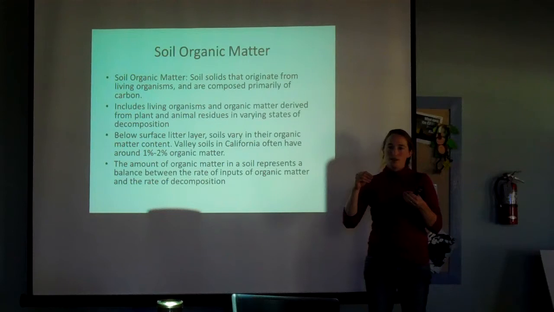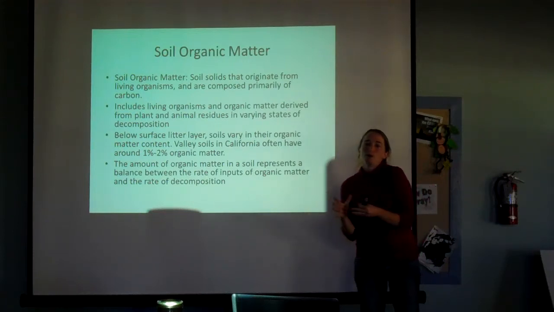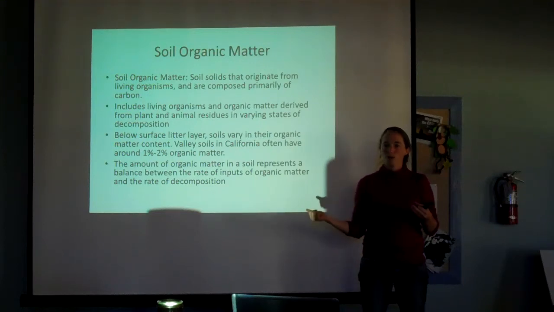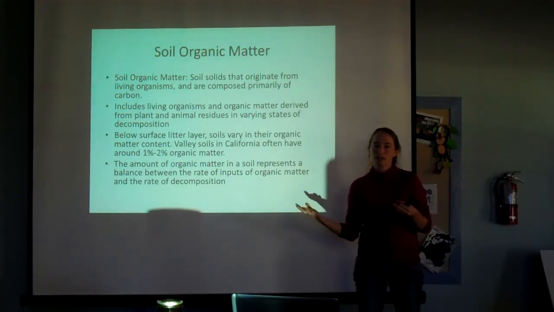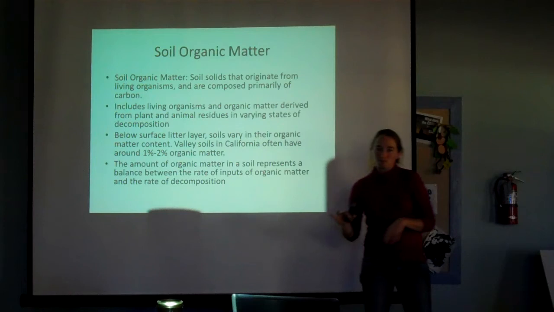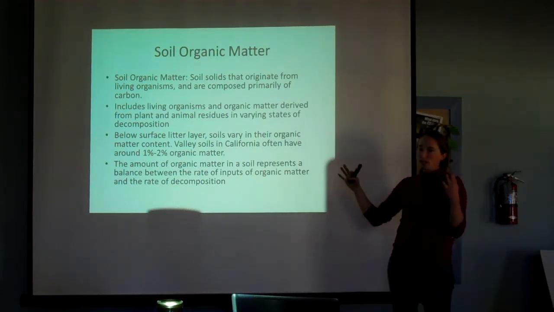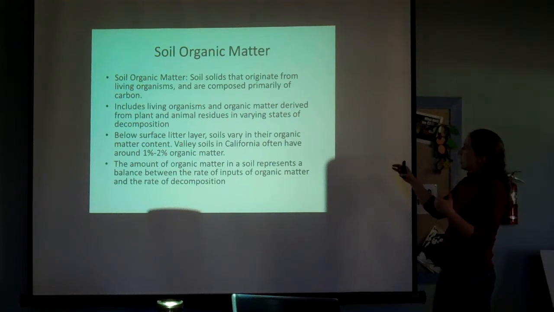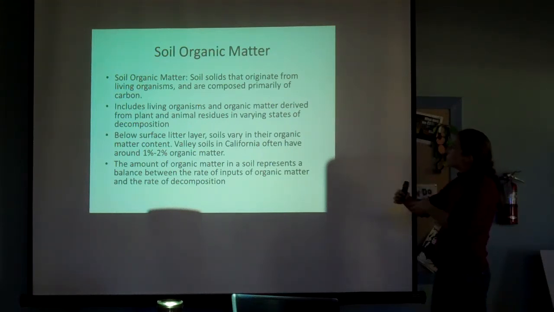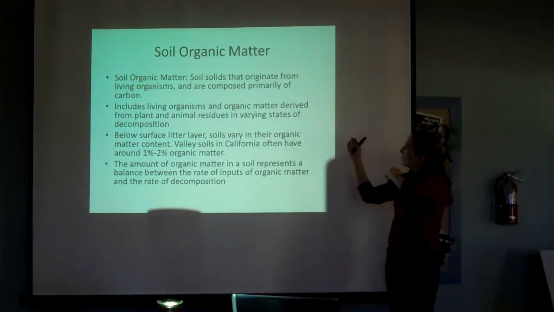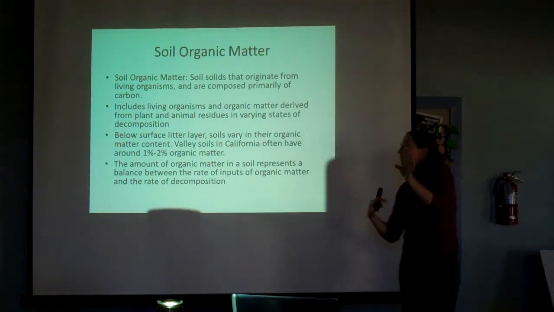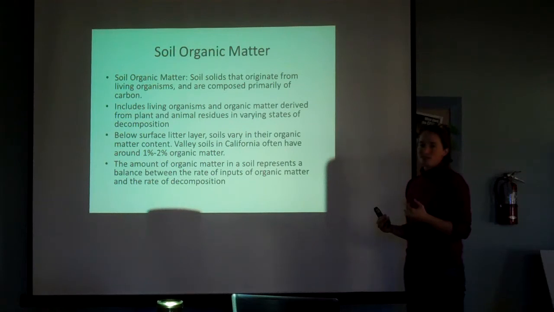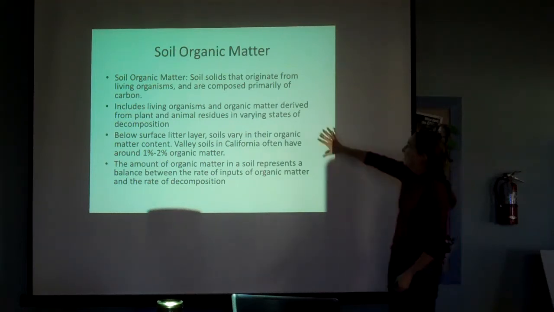And the soil organic matter is composed primarily of carbon, as opposed to the mineral part that's composed primarily of silica. So it includes living organisms and plant and animal residues, and everything's in a varying state of decomposition, and some of it's alive and some of it's dead, and it's just really wonderful.